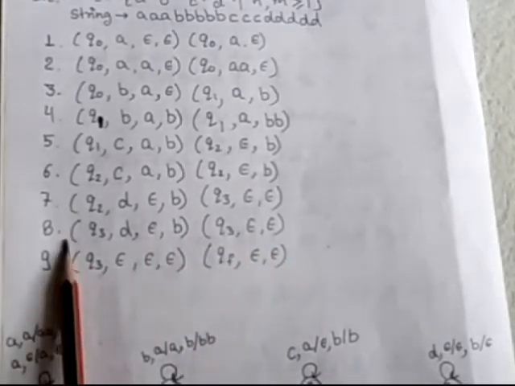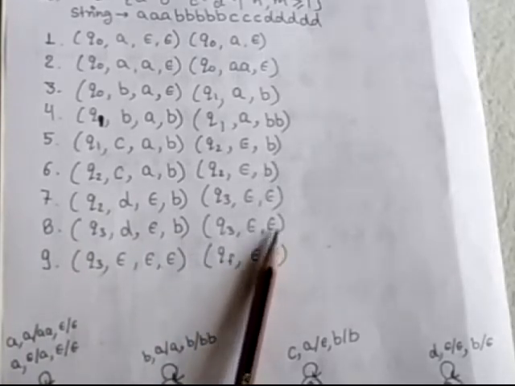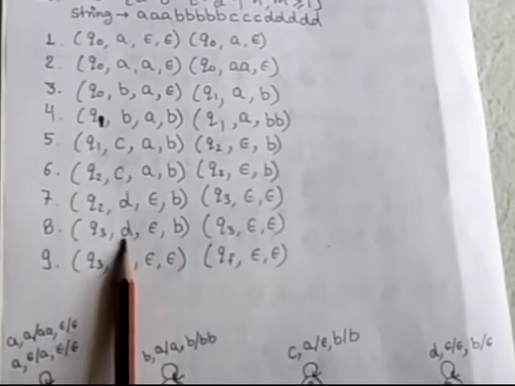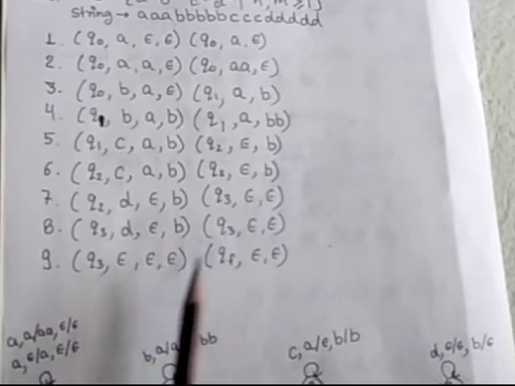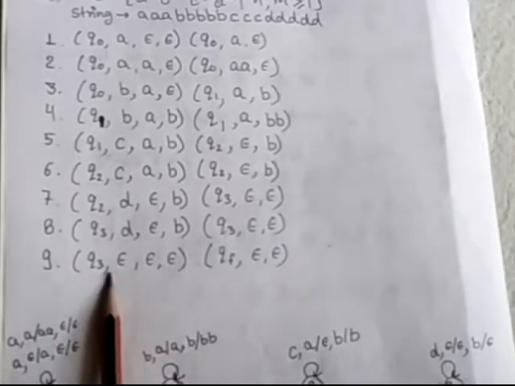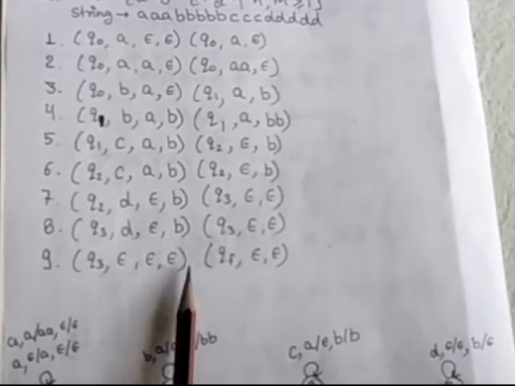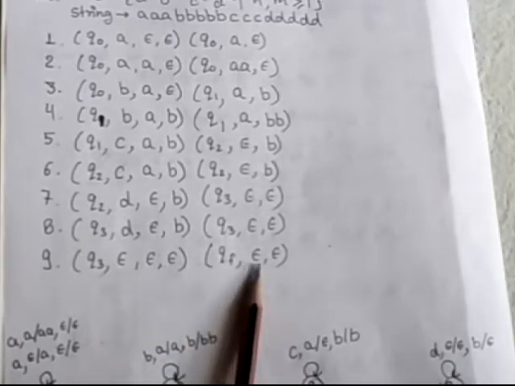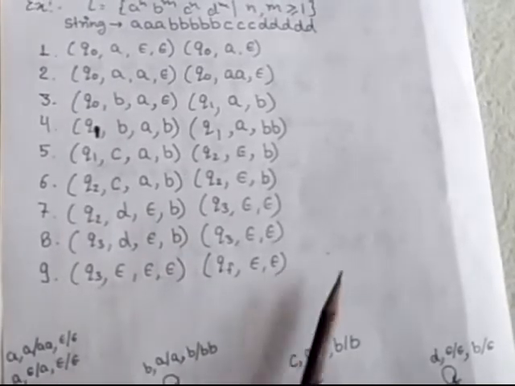Using this step, we pop all the symbols from stack 2. We read this B and this D and pop stack 2. Finally, at Q3, we will have read the entire string and both stacks will become empty. Then we go to the final state, and stack 1 and stack 2 remain empty. This means we have accepted the string.